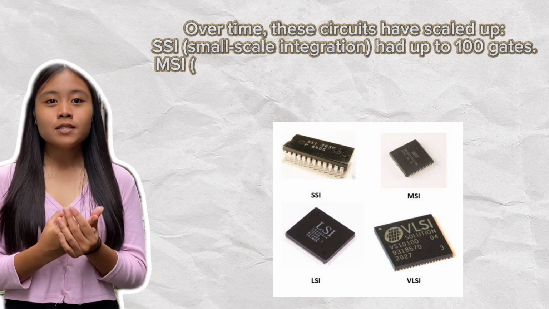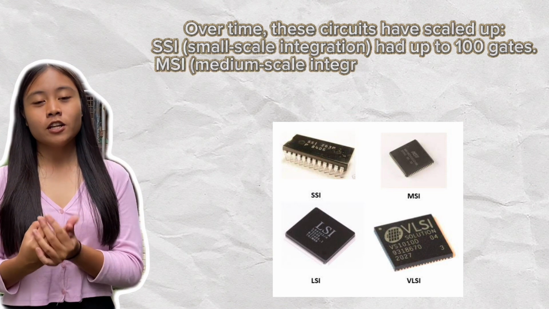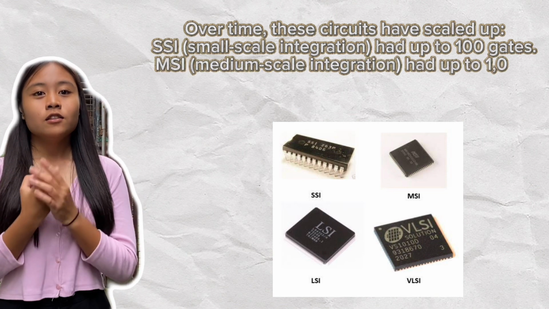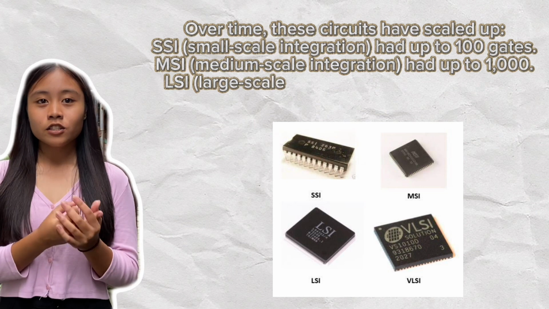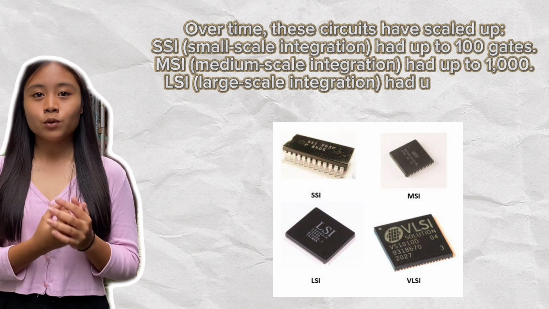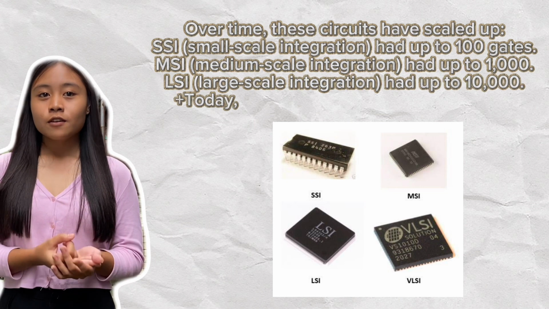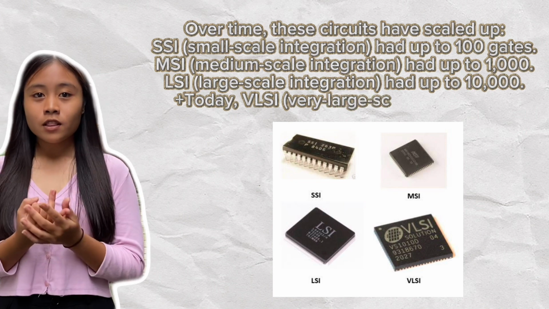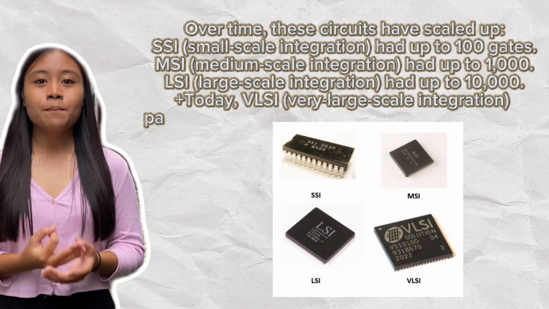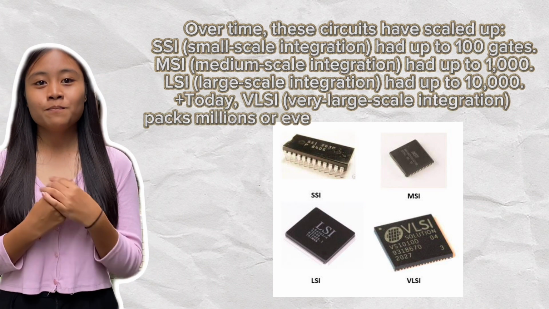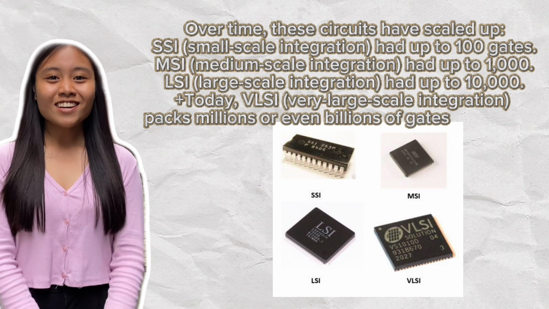Second, MSI, Medium Scale Integration, had up to 1,000. Third, LSI, Large Scale Integration, had up to 10,000. Today, VLSI, Very Large Scale Integration, packs millions or even billions of gates on a single chip. This is why your phone today is more powerful than entire supercomputers from decades ago.